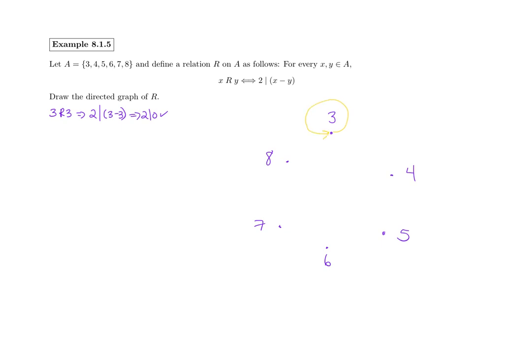In the same way, this is going to work for 4, 5, 6, 7, and 8, because the difference of a number and itself is always 0. 4 minus 4 is 0, 5 minus 5 is 0, 6 minus 6 is 0, 7 minus 7 is 0, and 8 minus 8 is 0. And all of them are a multiple of 2. So this will work for 4, 5, 6, 7, and 8 as well.